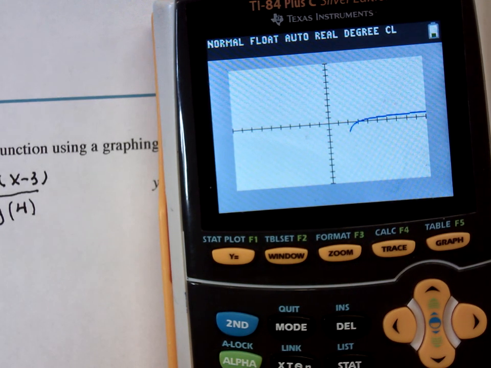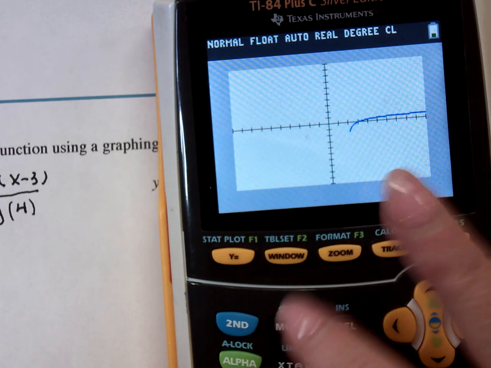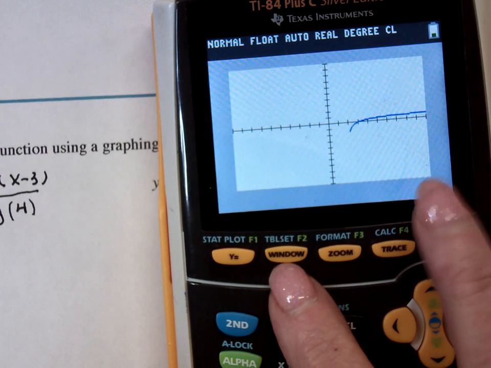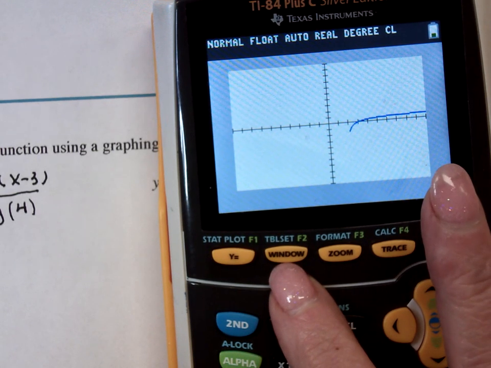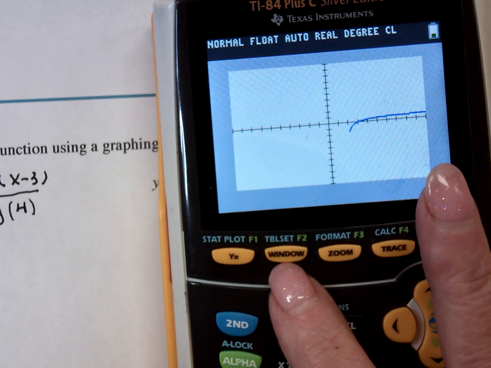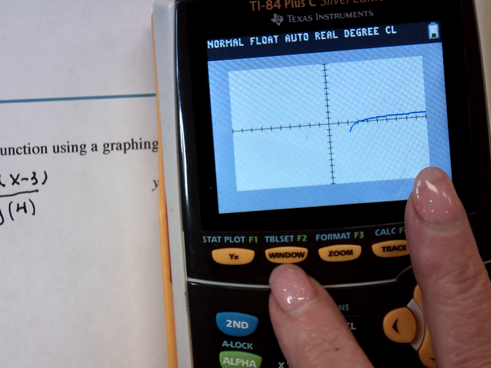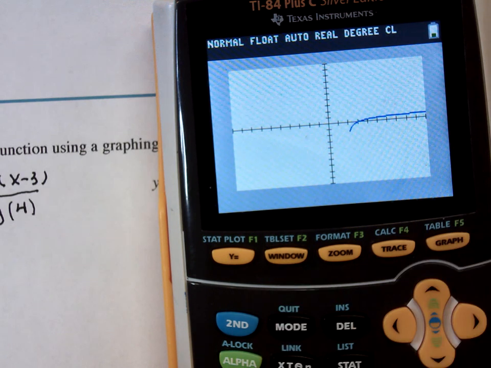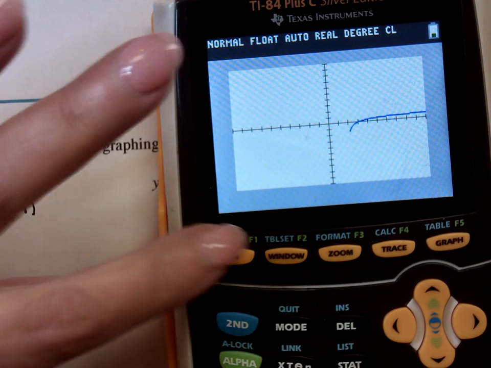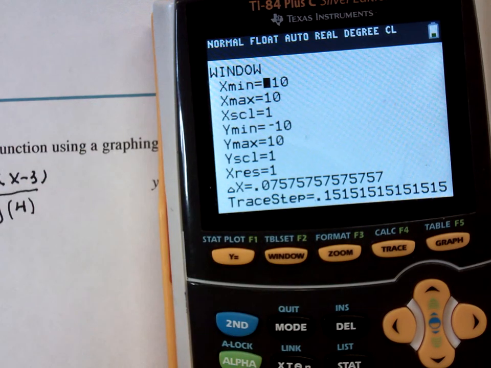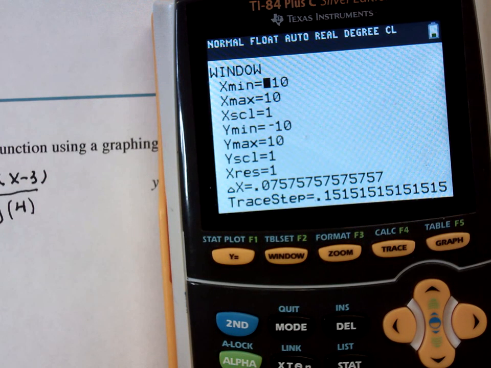Learn more about your calculator today than you ever wanted to know, I'm sure. Now, if I wanted to change the graphing window and say, you know what, I know that I don't need anything to the left of 0, I can go in under Window, and notice there's my minus 10, 10, minus 10, 10.